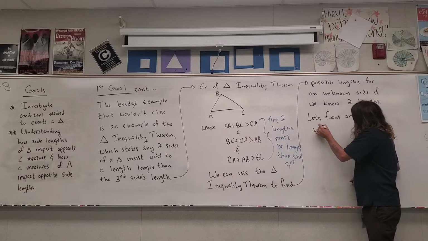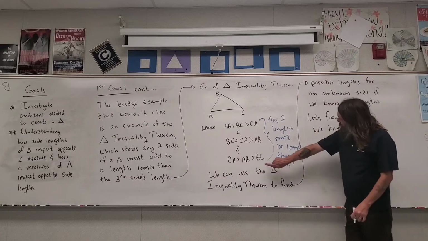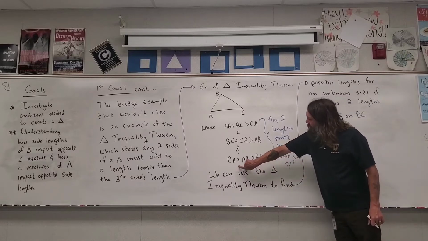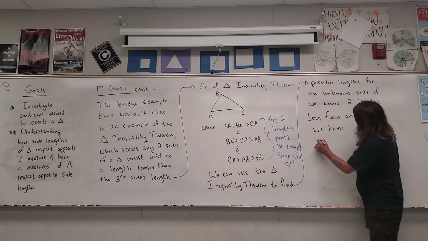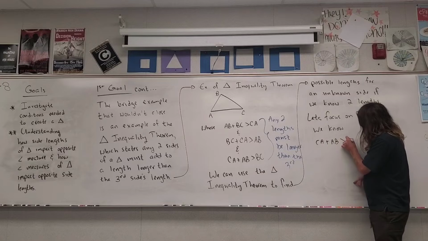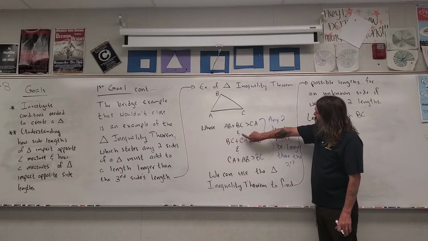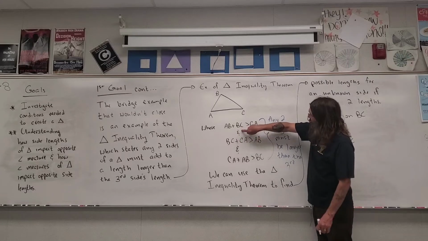We know that the length of BC has to be shorter than the length of CA plus AB. We know that. But here I have two other inequalities that have the length of BC in it.